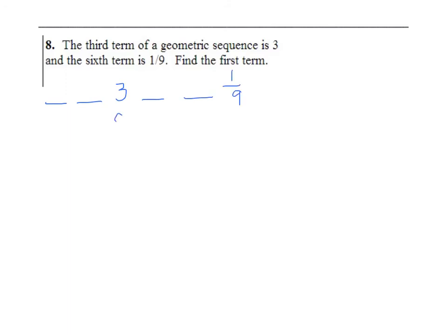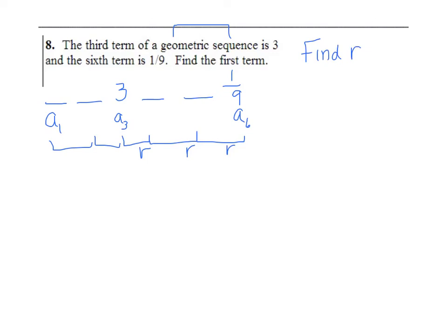All right, so this is a sub 3, and this is a sub 6, and what I need to find is a sub 1. All right, so in a geometric sequence, I know that each one of the successive terms is found by multiplying the previous times r. So if I know what r is, I can work backwards and find here. So the key to this is to find r.